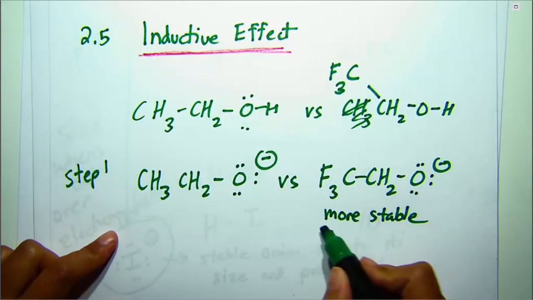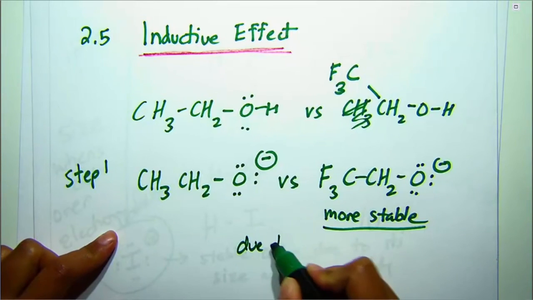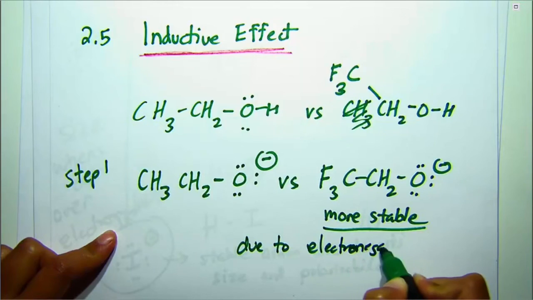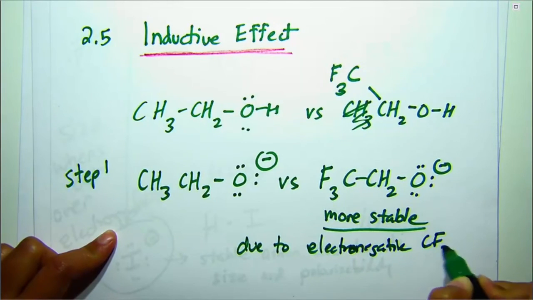Okay, so this is more stable due to the electronegative CF3 groups.